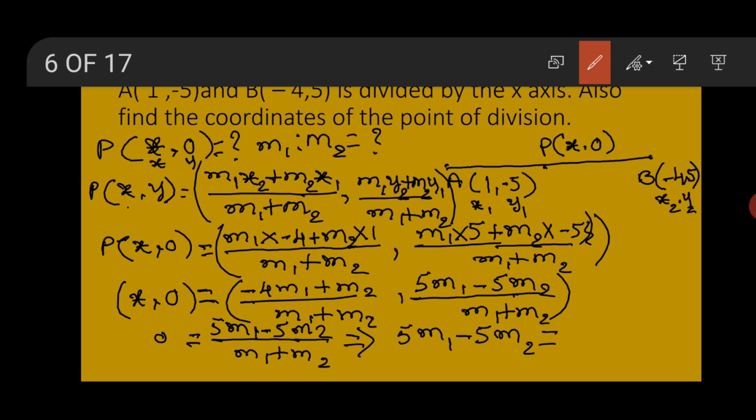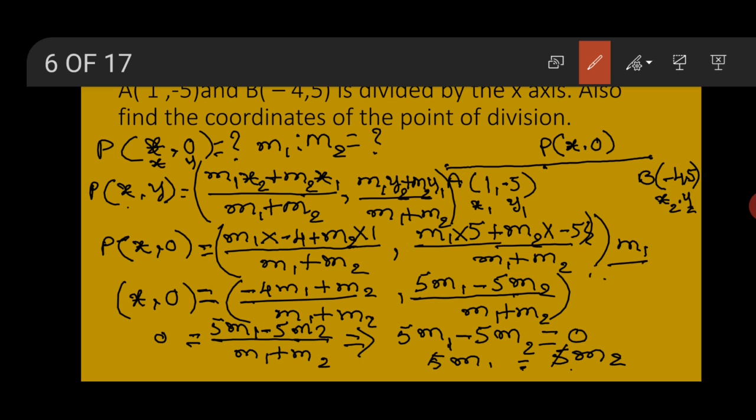Now simplify again, you will get what? 5m1 minus 5m2 is equal to, see here, divided by m1 plus m2 carry to right hand side, it becomes what? 0 into m1 plus m2. So product of any number with 0 is always 0.